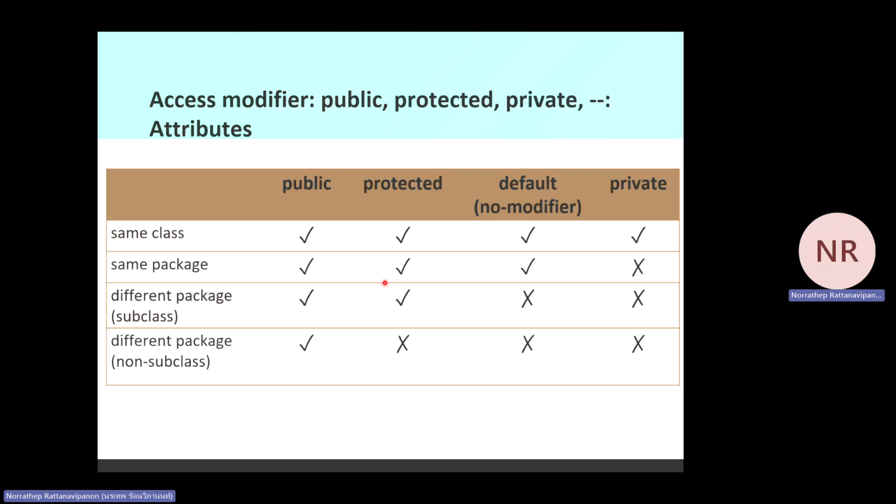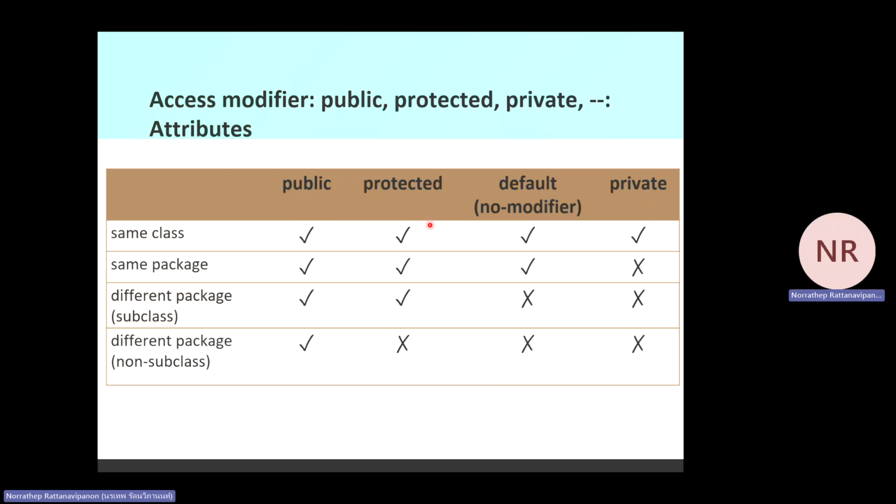So you already see the table, right? If you want to declare attributes, you have four modifiers, but I already mentioned why we shouldn't use the default. Try to use public, protected, and private. Public is only used when attributes are constants.